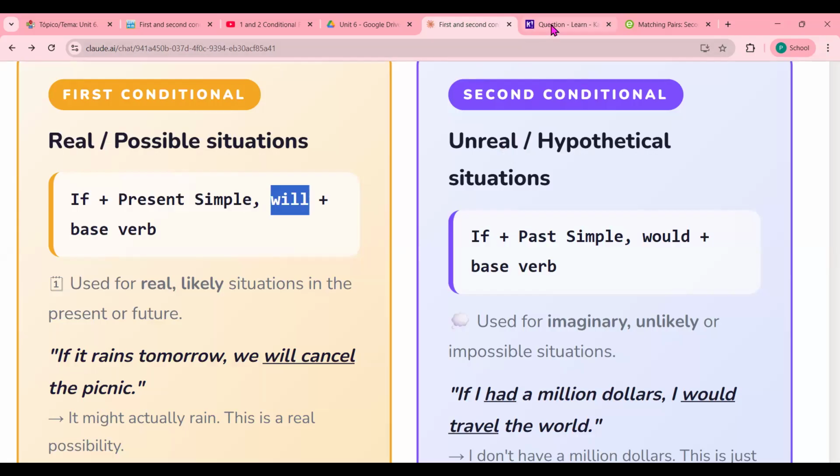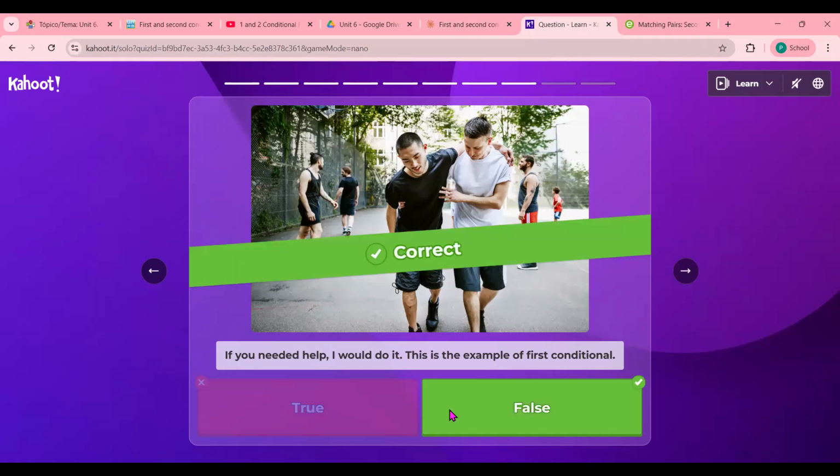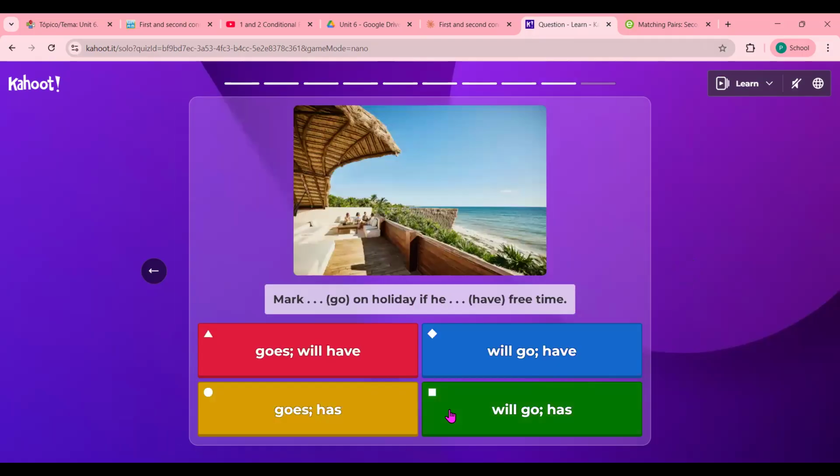Now, if you need help, it is simple present. So, is it true or false? False. Yay! It's another conditional.